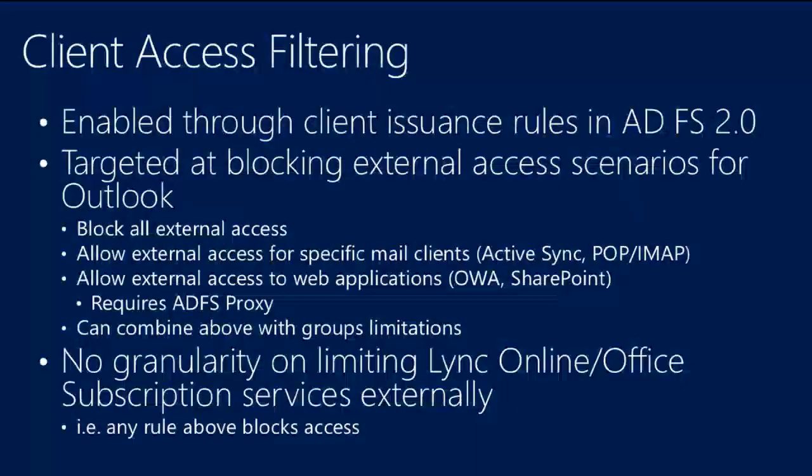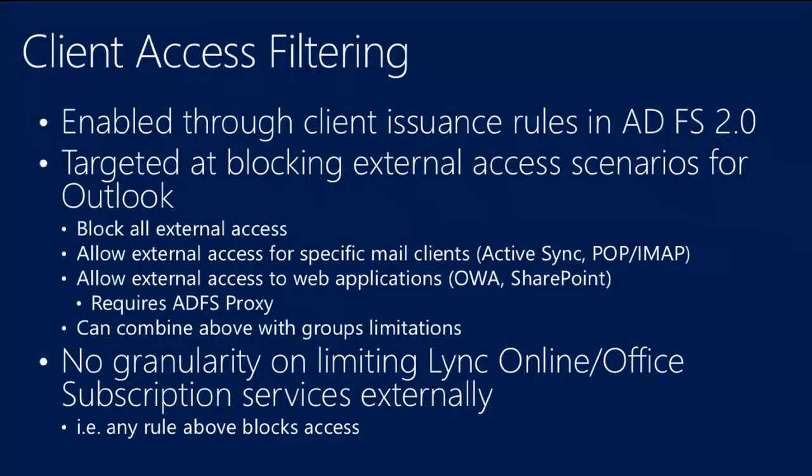Actually, very next slide. What we do with that information is that it enables us to do certain scenarios around client issuance rules within ADFS. So if you wish to implement a policy that says Outlook can only be used on a corporate PC on the corporate network, obviously, that's a difficult rule to implement.